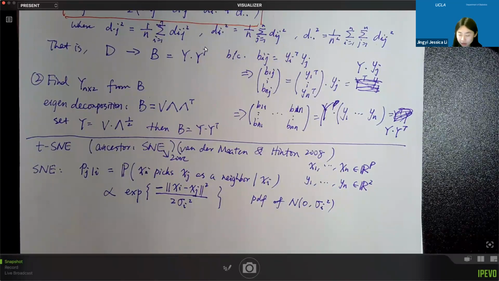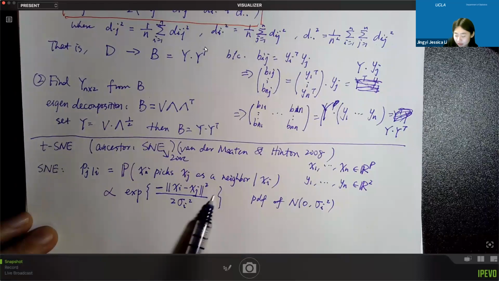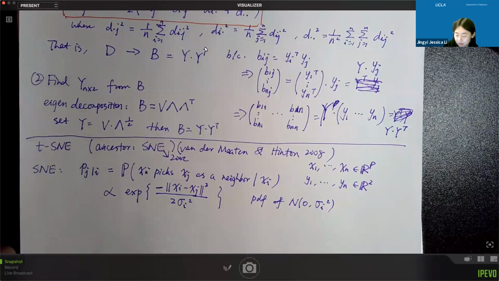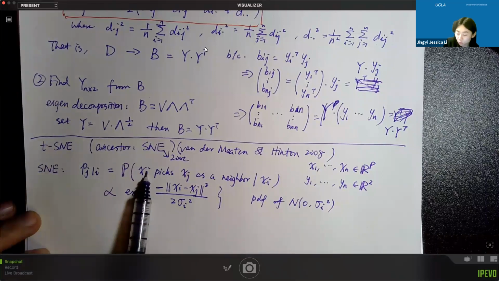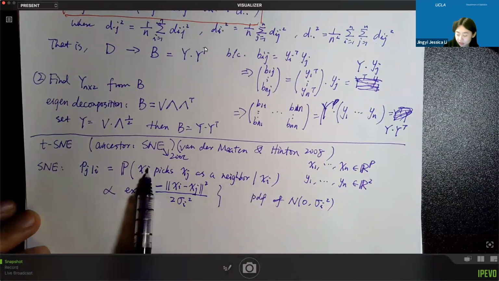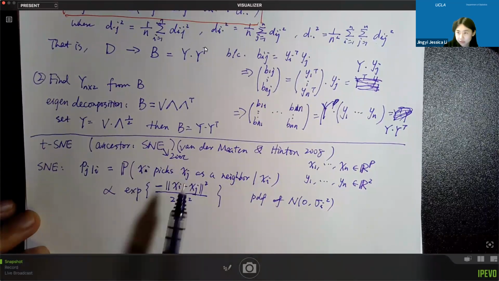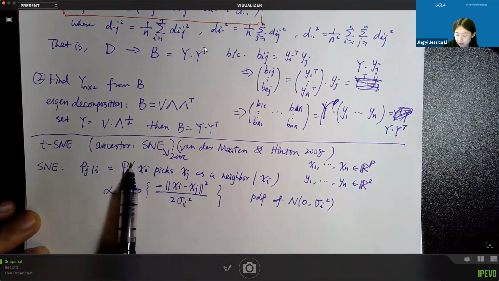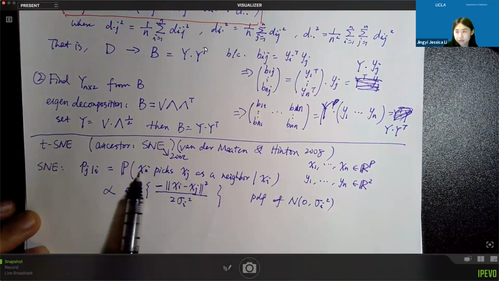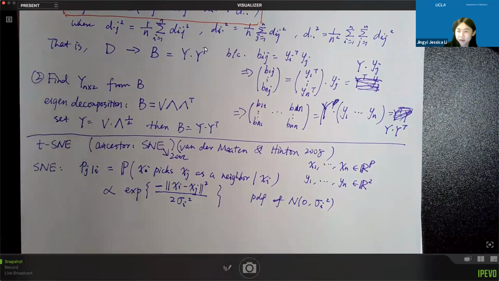But this one itself is not a properly normalized probability, right? This is just a density, and it doesn't satisfy the requirement that for x_i, as the center, if it picks any other point in my data, the sum of those probabilities should equal 1, because it has to pick one of the points as a neighbor. The probability is just proportional to this density.